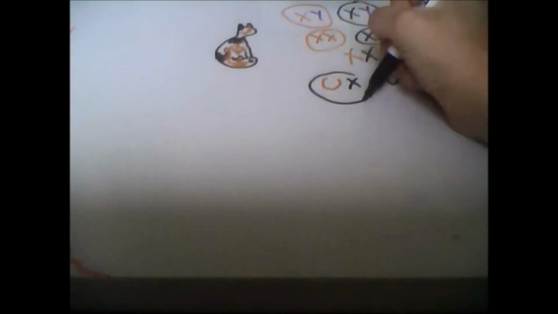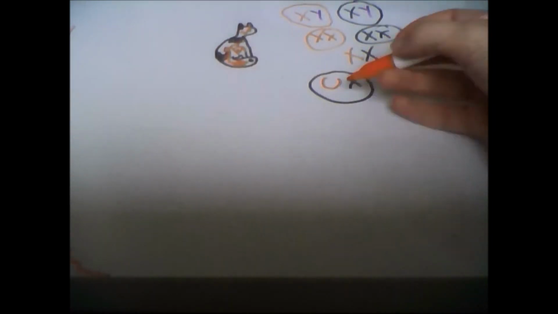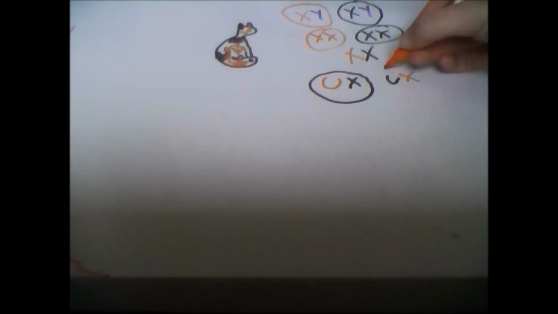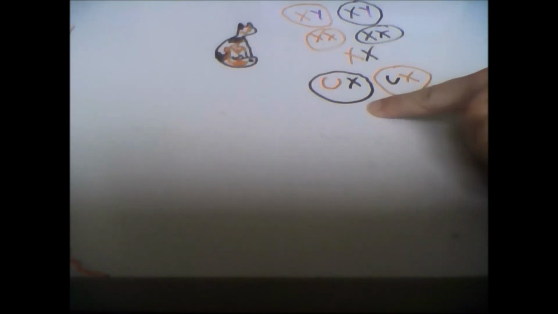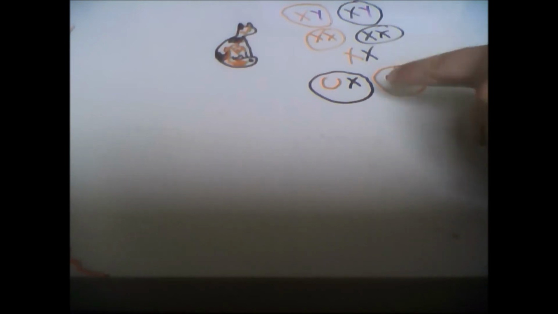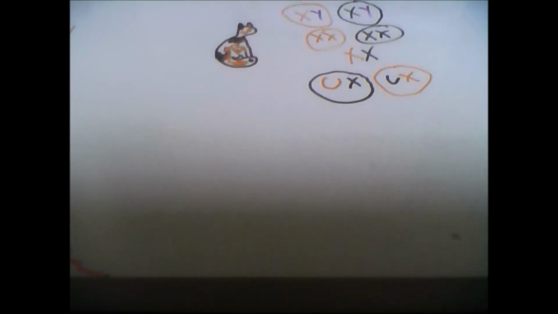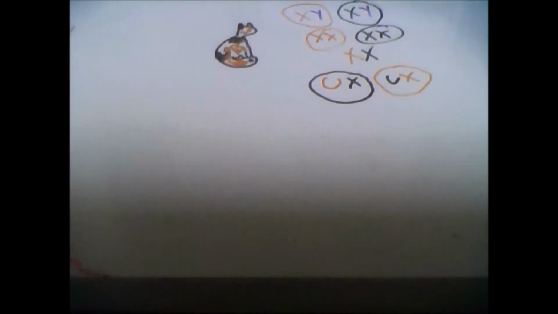So because the orange was turned off in this one, that cell is going to be black, whereas this one's going to be orange. And this happens individually and independently in each of these cells. So here we have orange cells, and then here we have black cells.